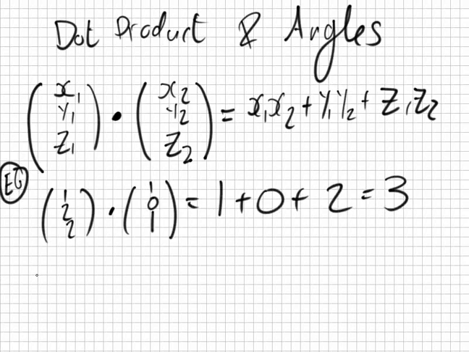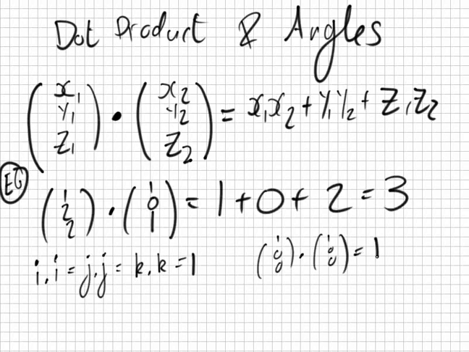Also, maybe it's worth pointing out that i dot i equals j dot j equals k dot k. They're all equal to 1. So for example, 1, 0, 0 dot 1, 0, 0 equals 1. Or for example, 0, 1, 0 dot 0, 1, 0 will equal 1 as well, and so on.